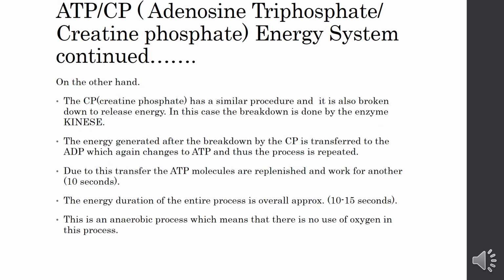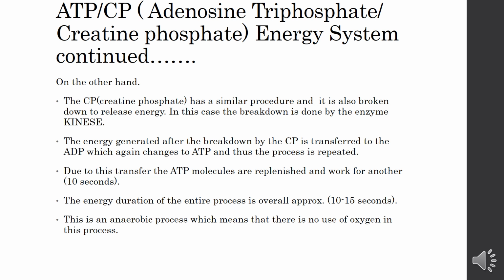Moving on. On the other hand, the creatine phosphate has a similar procedure, and it is also broken down to release energy. In this case, the breakdown is done by an enzyme called kinase. The energy generated after the breakdown by the creatine phosphate is transferred to the ADP, which is the adenosine diphosphate, which again changes to ATP, and thus the process is repeated.